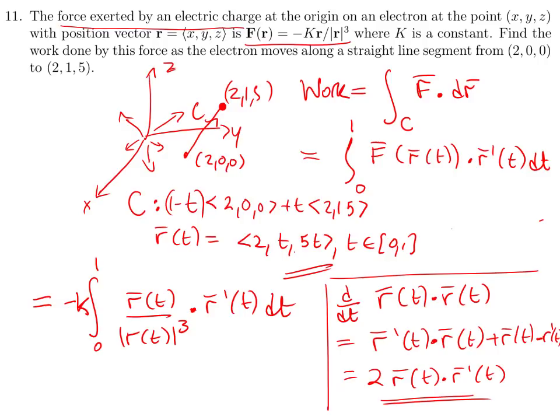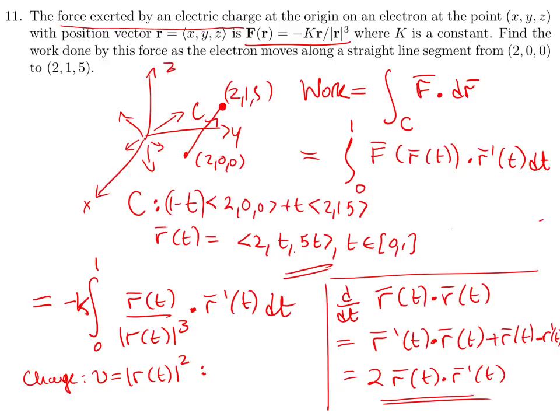And this is kind of cool because this is exactly what appears in the numerator. So if I make this change of variables, u equals the magnitude of r of t squared, then this integral simplifies a lot.